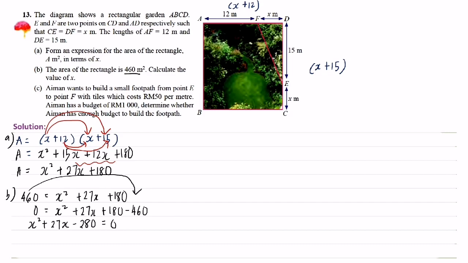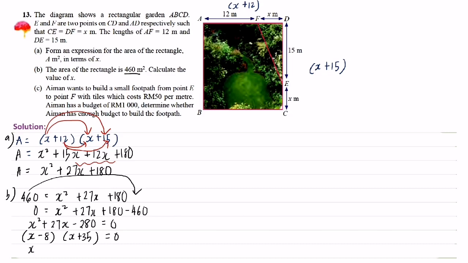And we factorize this quadratic equation and we will obtain S minus 8, and another bracket is S plus 35 equals 0.